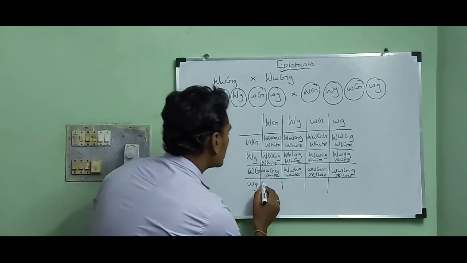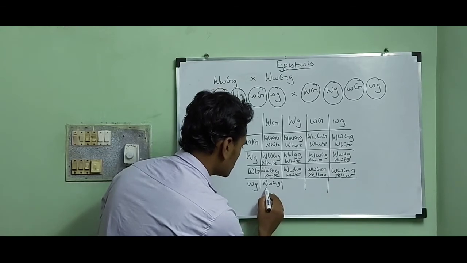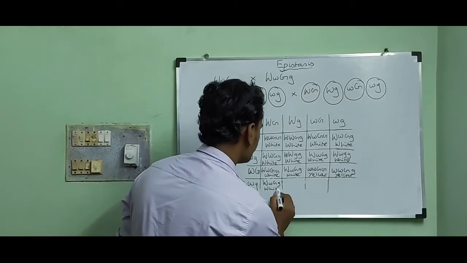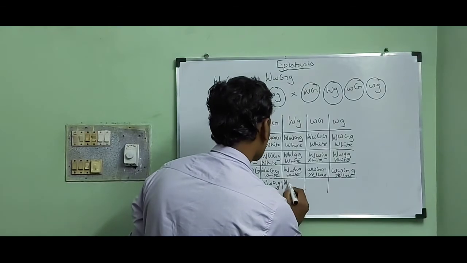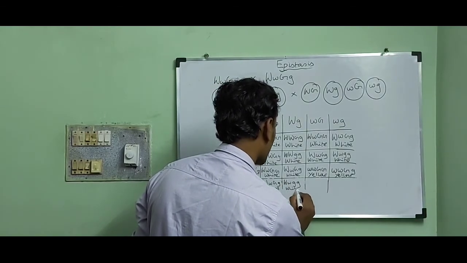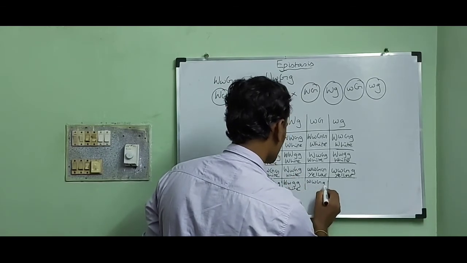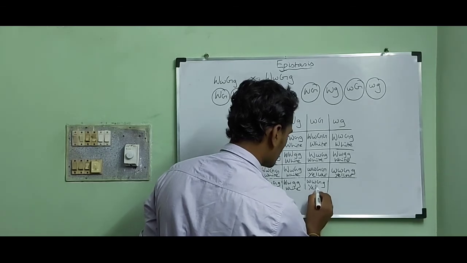Then capital W, capital G, small g, white in color. Capital W, small g, white in color. Here small w, capital G, small g. So the fruit color will be yellow.